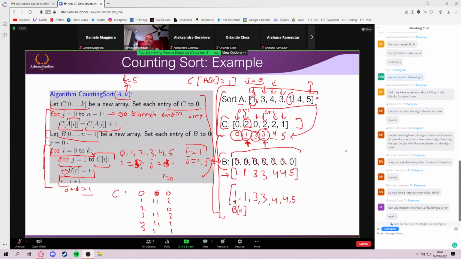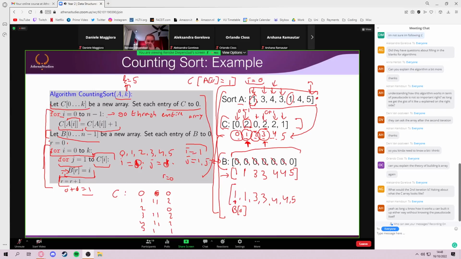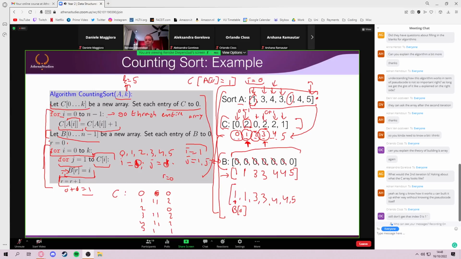Okay, so for the B array, basically you start with the C array, and then you look at each index, and you see how many times they're counted. So for the C index 0 is counted 0 times, so we don't need to do anything. Then C index 1 is counted 2 times, which means that we put 2 times a 1 in here.